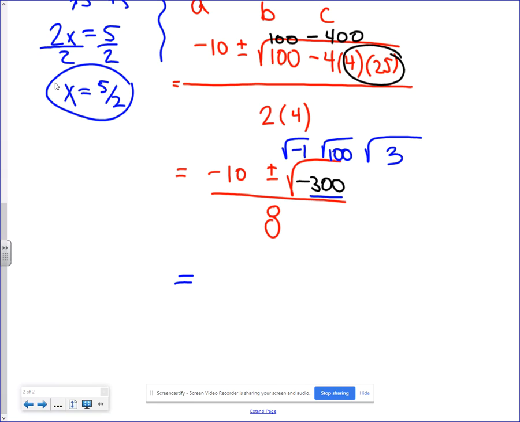So what we have now is negative 10 plus or minus. The square root of 100 is 10. The square root of negative 1 is i. Radical 3 over 8. So there are our last 2 roots. But again, make sure they're simplified. We can divide everything by 2.